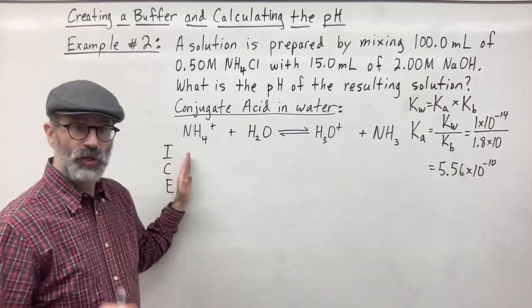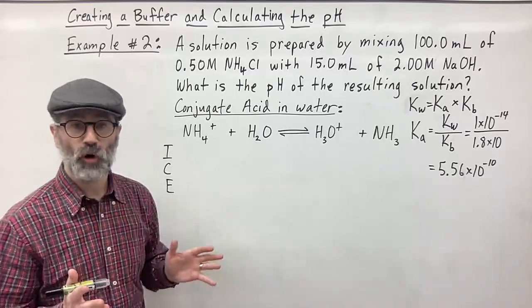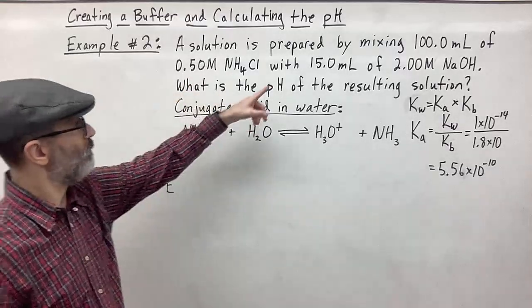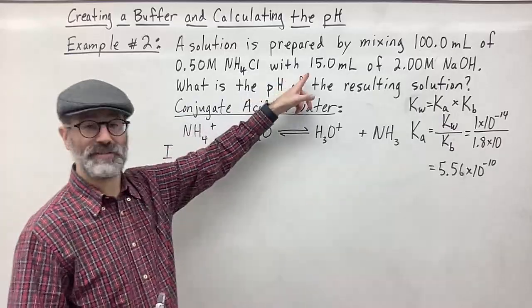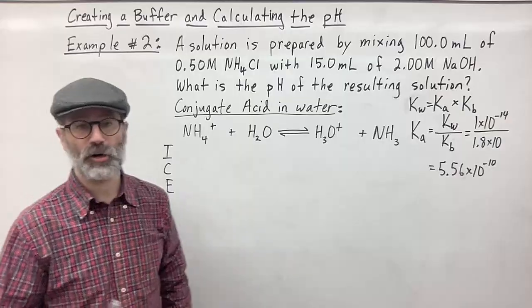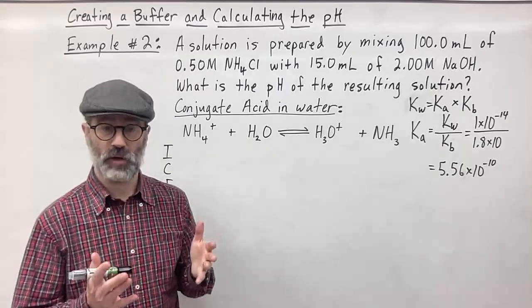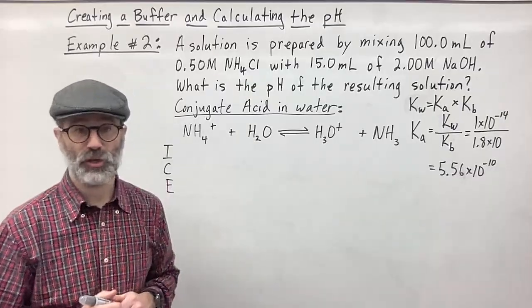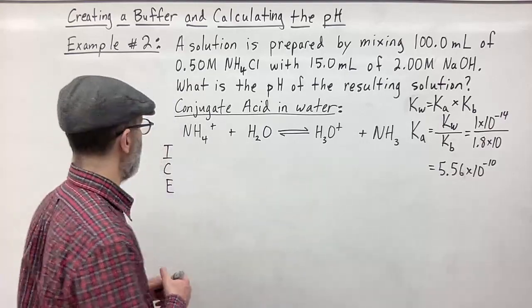So you have to also remember that you mixed things together, and so now you have a new volume, right? So the volume here is going to be the 100 milliliters of the one solution mixed with 15 milliliters of the other solution. So to get back to molarity, you're now going to have to use 115 milliliters of the total solution that you had mixed together, right? So be careful of that. A lot of students will forget that.